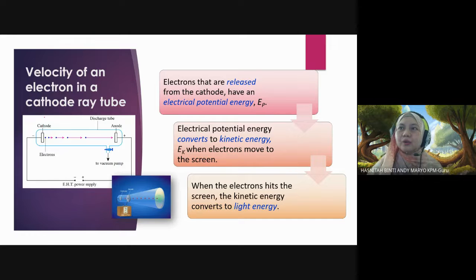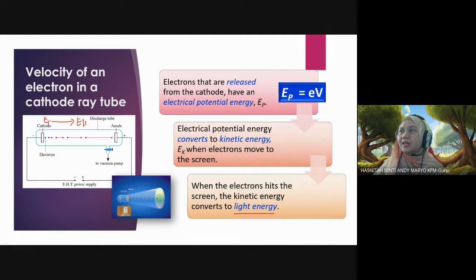Finally, when the electron hits the screen, the kinetic energy is converted to light energy. So energy changes occur two times. First, electrical potential energy converts to kinetic energy, and then kinetic energy converts to light energy.